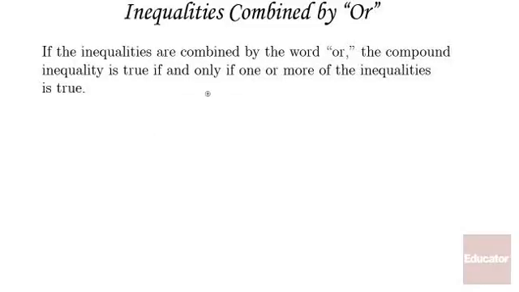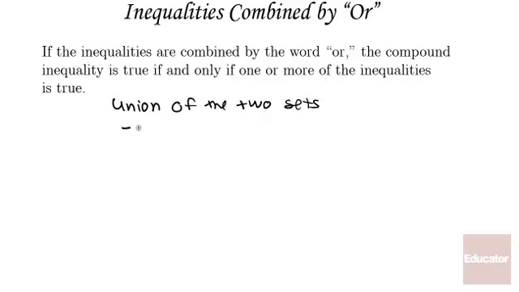If the inequalities are combined by the word or, it's handled differently. If the inequalities are combined by the word or, the compound inequality is true if and only if one or more of the inequalities is true. So what this is telling me is that the solution set is the union of the two sets. I'm looking for, instead of the intersection of the two sets, the union of the two sets.